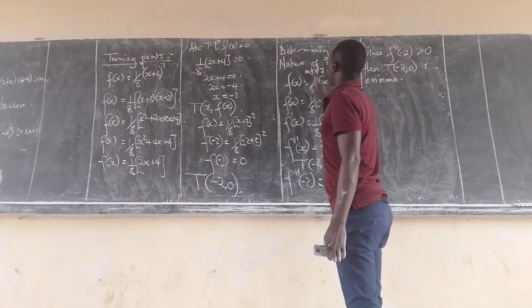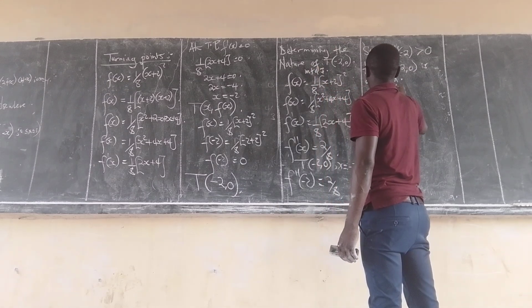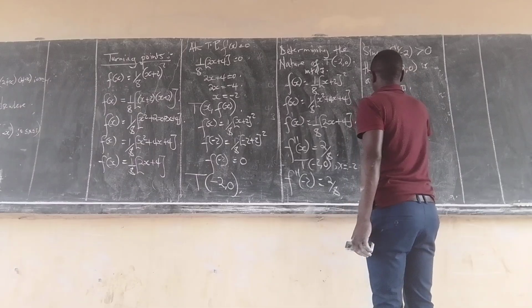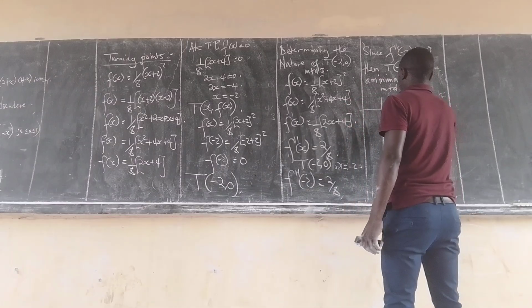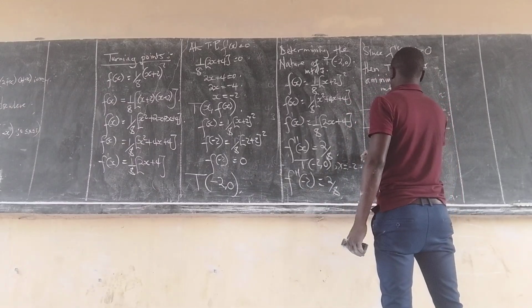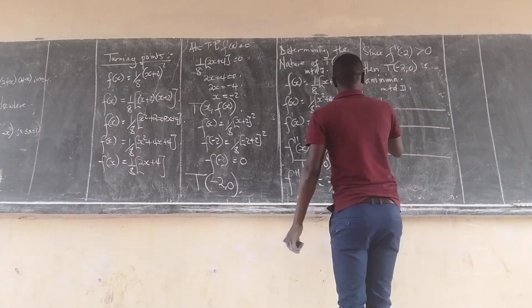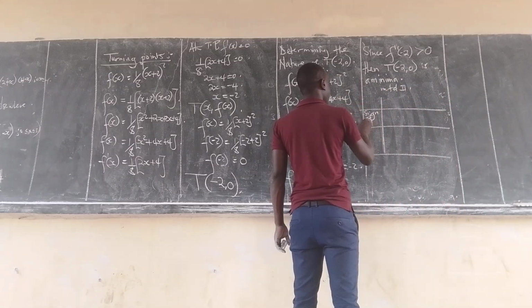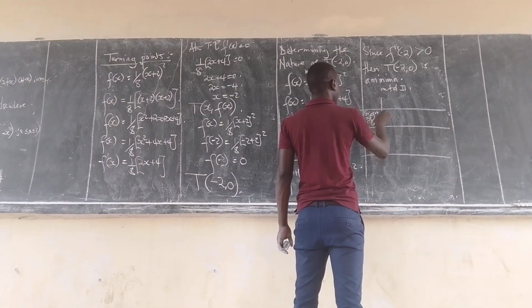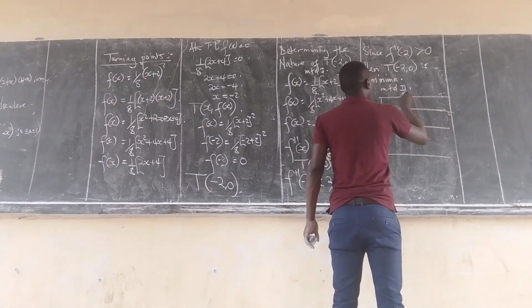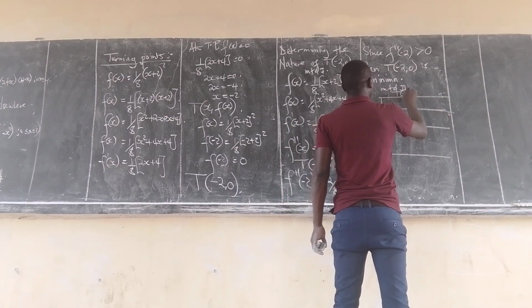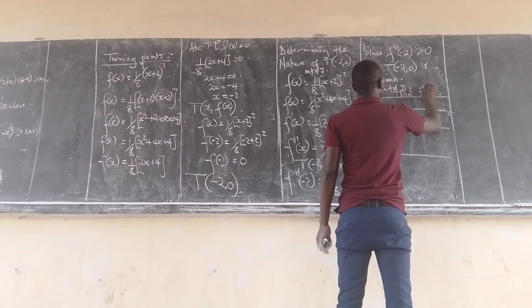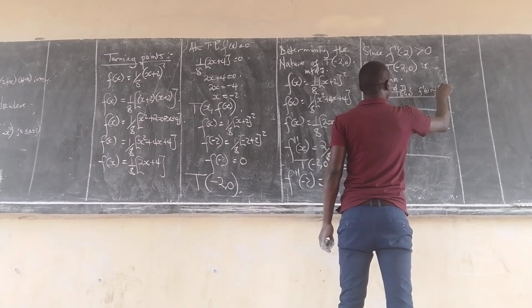If this approach is very complicated, in the first step you may choose to go with the sign of the first derivative, both on the left and also on the right. So this is the sign of f prime of x. Our turning point is negative 2, 0, and f prime of x is 1 over 8 into 2x plus 4.